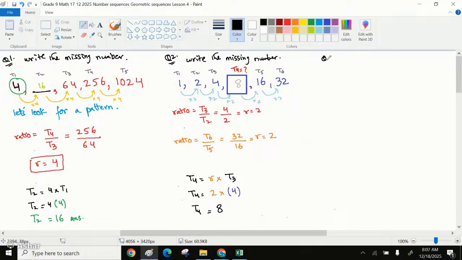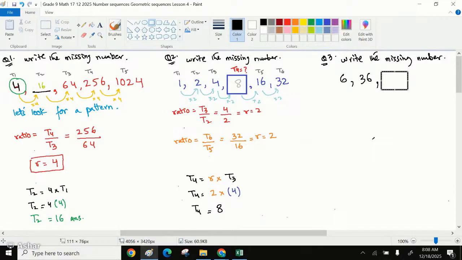Question number 3 says, same statement, write the missing number from the sequence. And we know it's a geometric sequence because the topic is geometric right now. The first number that is given to us is 6. The next number is 36.